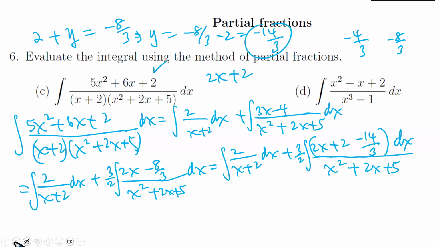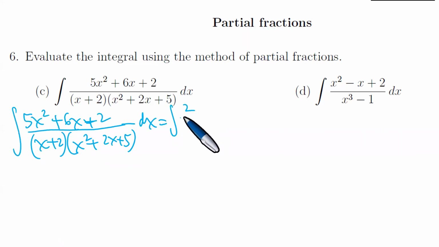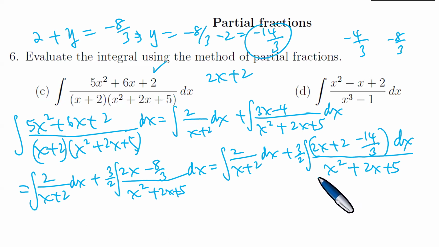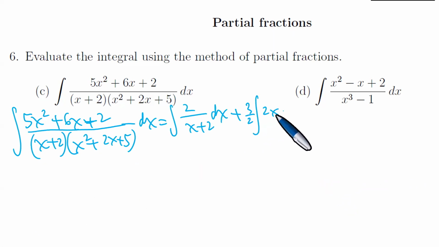Which is the integral x + 2, and then you have the plus 3 out of 2. Okay, because the 3 out of 2 that you're seeing here is going to be 3 out of 2, but you're going to have the 2x + 2 with the dx. So you're going to have 2x + 2 dx over this.